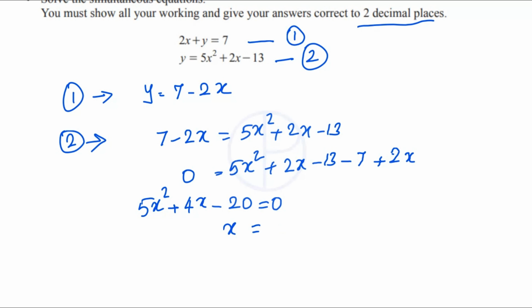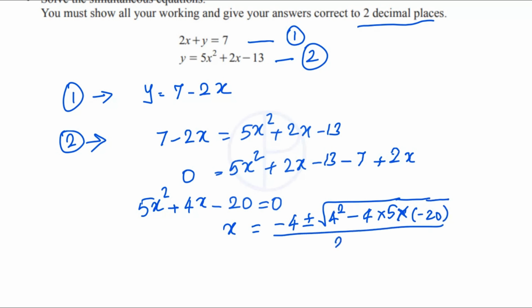What is b here? 4. Minus 4 plus or minus square root of b squared, that is 4 squared, minus 4 times a, which is 5, and c is negative 20, divided by 2 times 5.